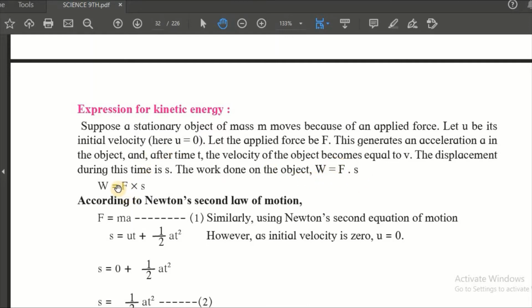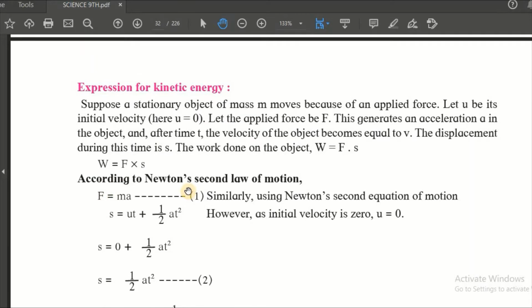Then we get the formula W is equal to F into S. According to Newton's second equation of motion, S is equal to ut plus 1 half at square. S means distance or displacement, u means initial speed, t means time, a means acceleration.